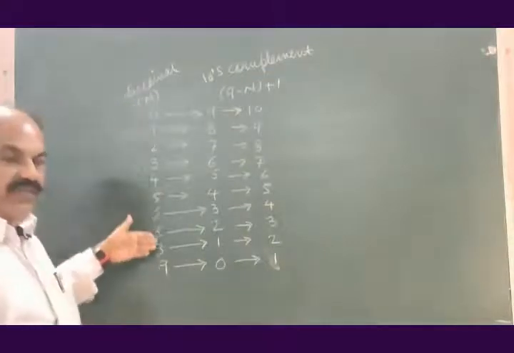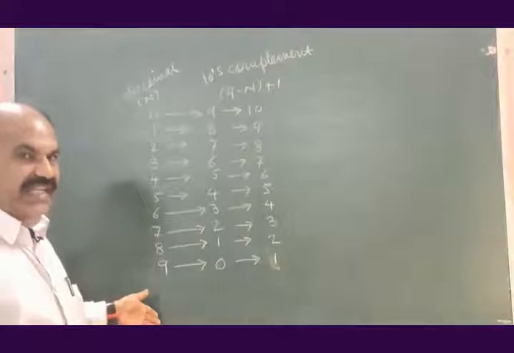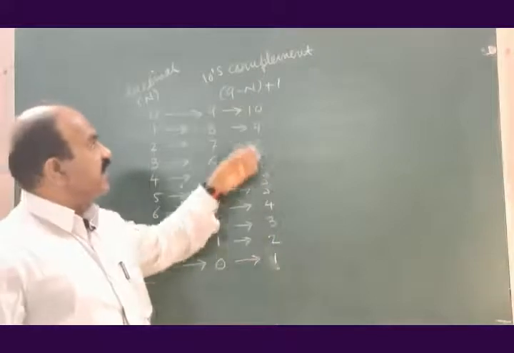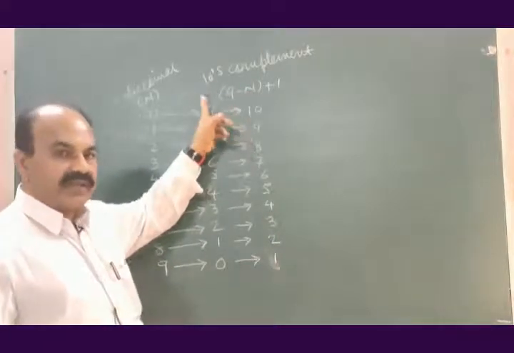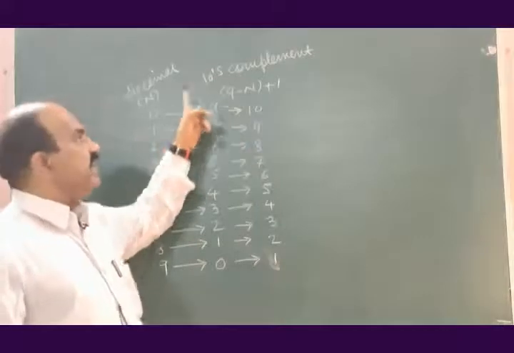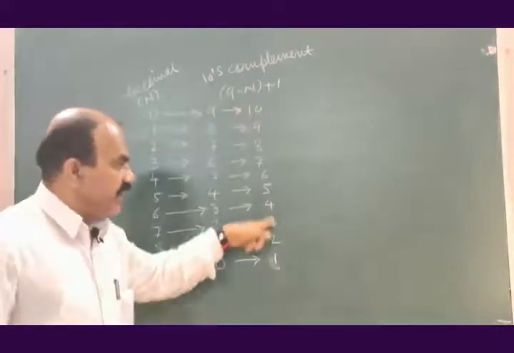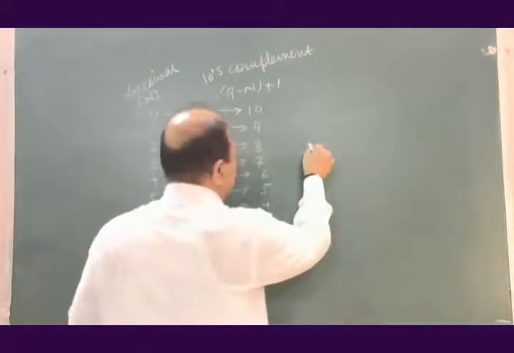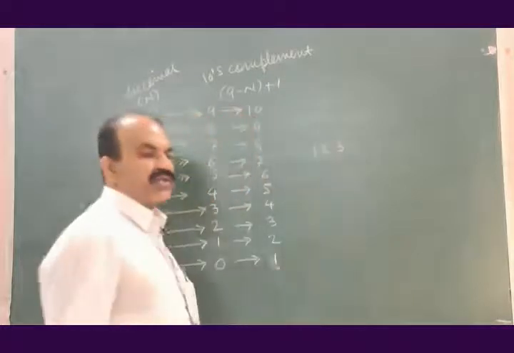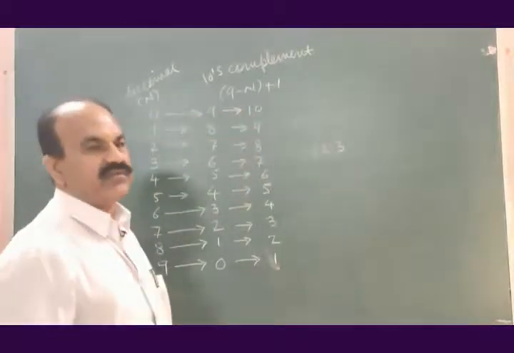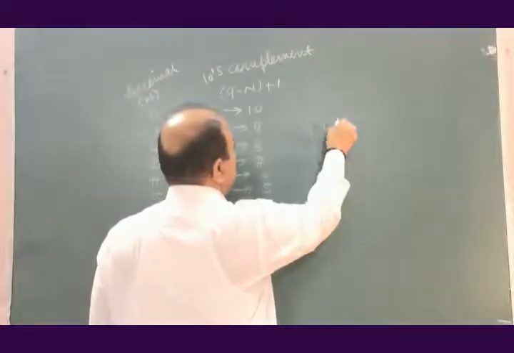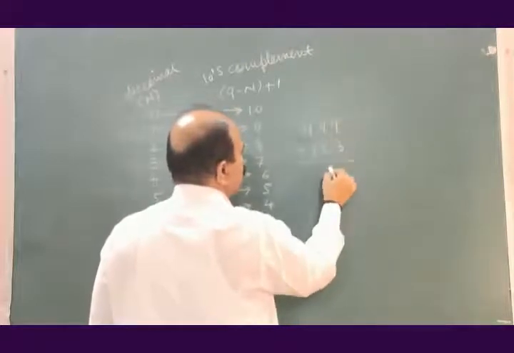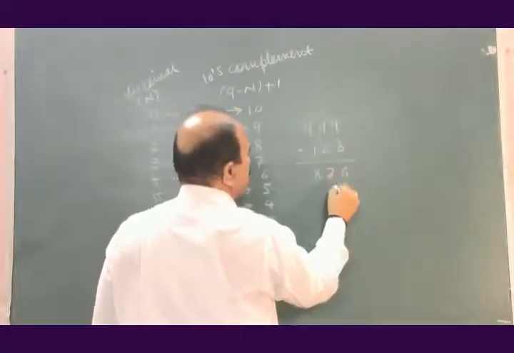If these are taken as positive integers in the decimal number system, the corresponding negative integers in tens complement form will be these. If you are given some number and you are asked to find the tens complement, what will you do? 9, 9, 9 minus this. 9 minus 3, 6. 9 minus 2, 7. 9 minus 1, 8.